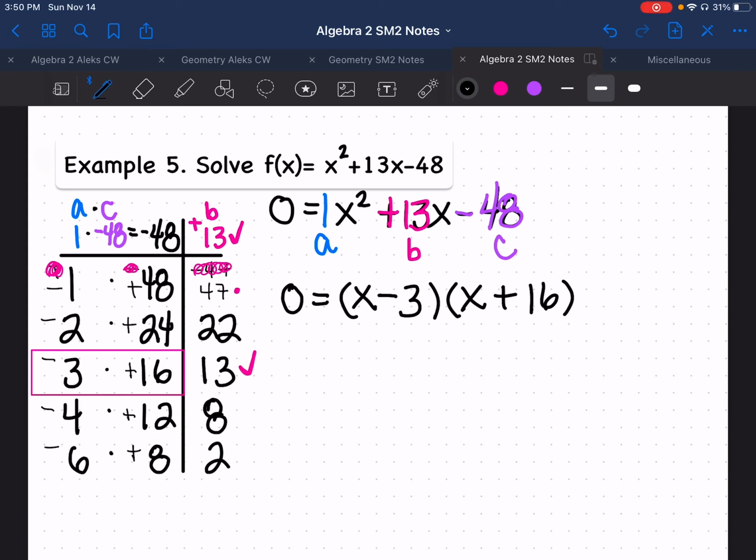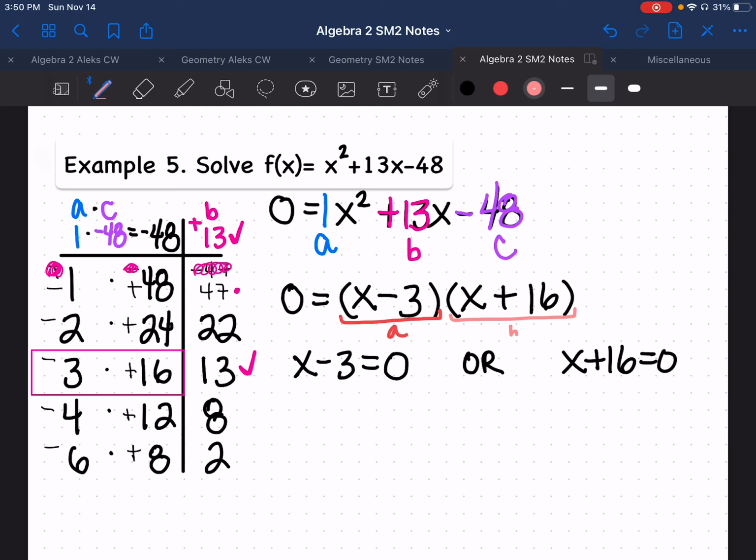The 16 is positive, so you make it plus. Now you're going to take each one of those parentheses, set them equal to 0, and solve. Because remember, this is your A, and this right here is your B for your zero product property.